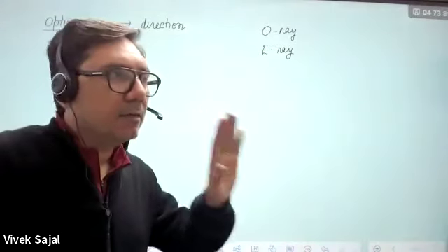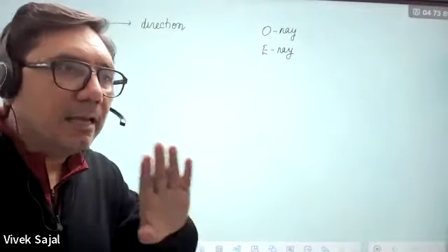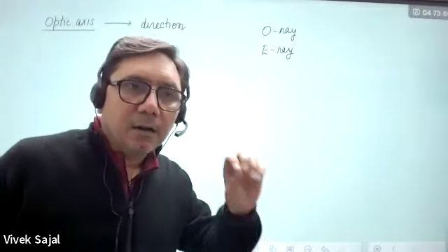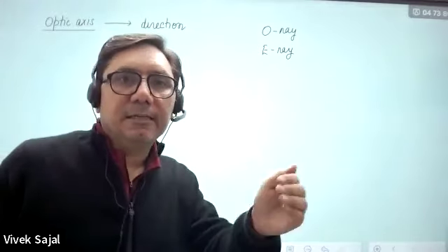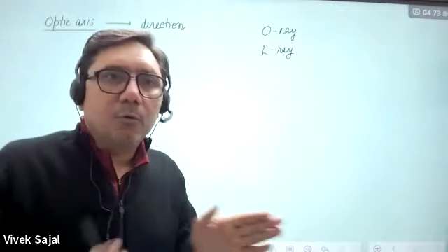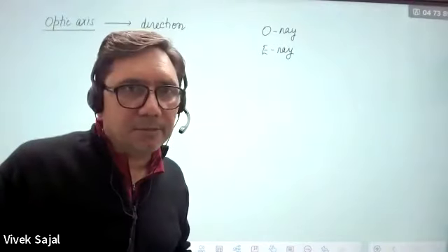If we are talking about uniaxial crystals like calcite and quartz, then optic axis is the only direction along which both O ray and E ray travel with the same speed. In other directions, O ray and E ray will have different speeds. Always remember this.